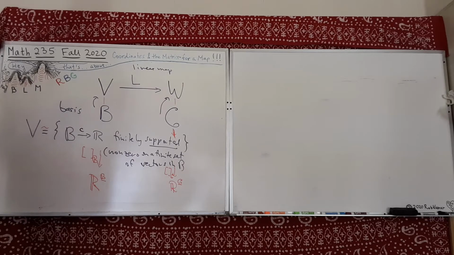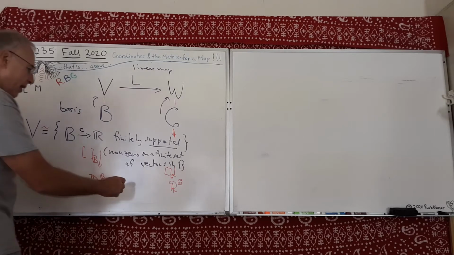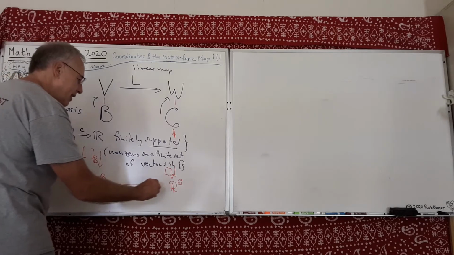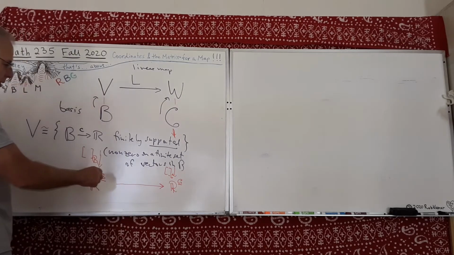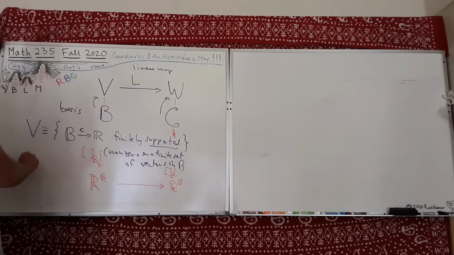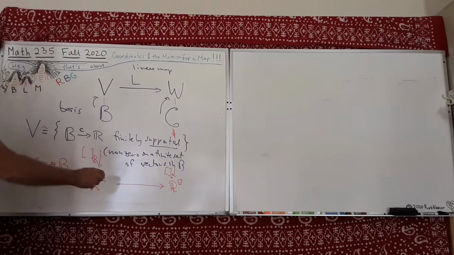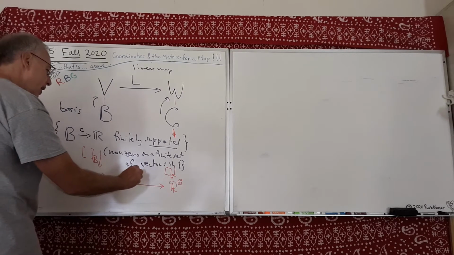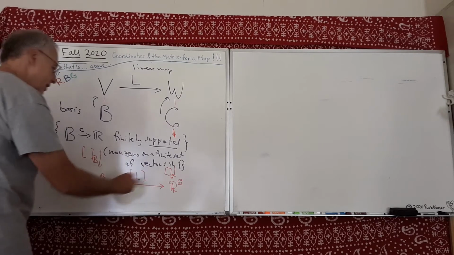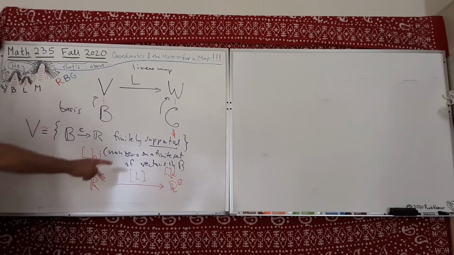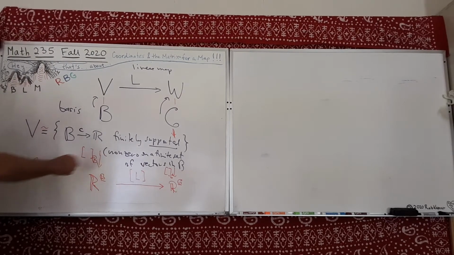And then there's a matrix, a number of C times number of B matrix. So there's some matrix L. I'll use L for that, but I'll say a little bit more about the notation in a minute.